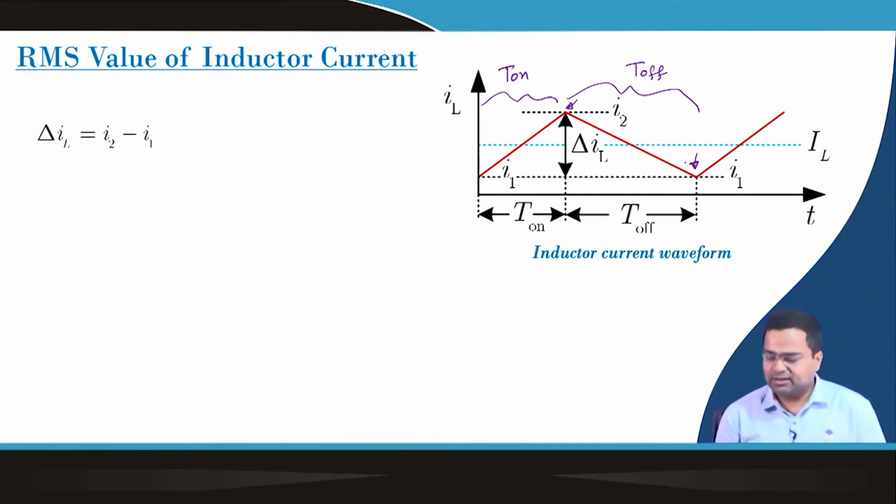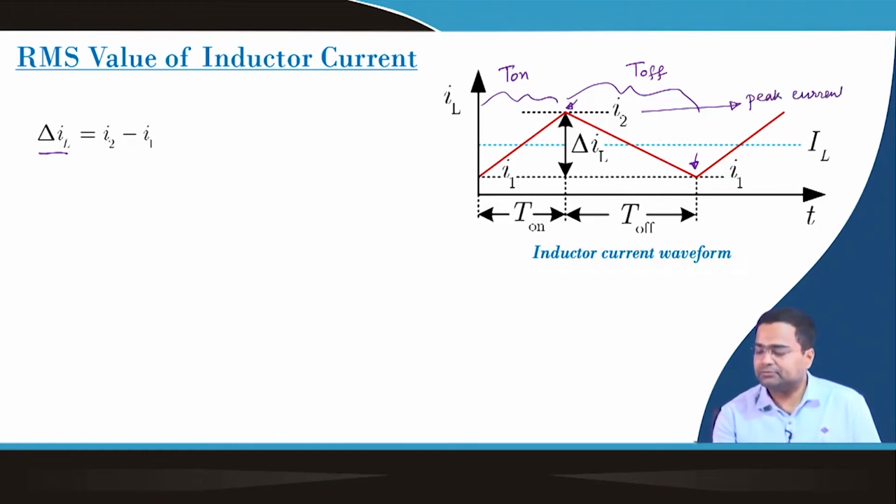So, then what is delta IL? That is the ripple current, that is I2 minus I1. So, I2 is the peak current and I1 is the valley current.